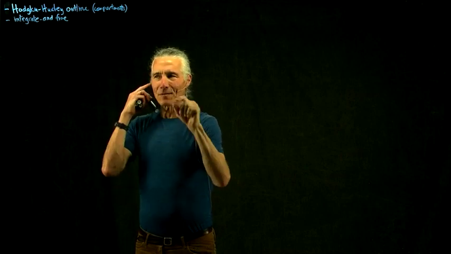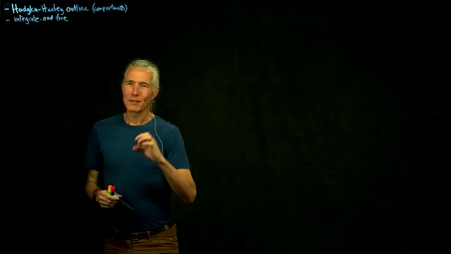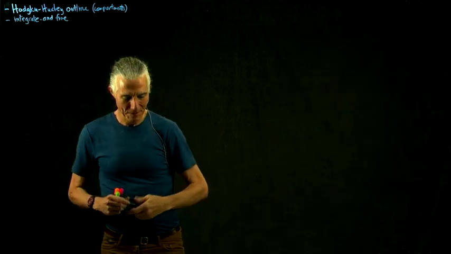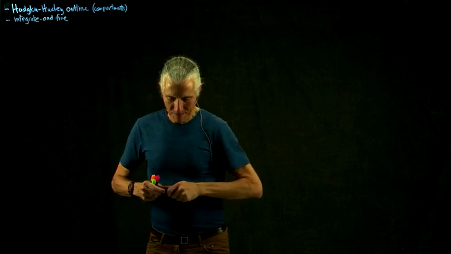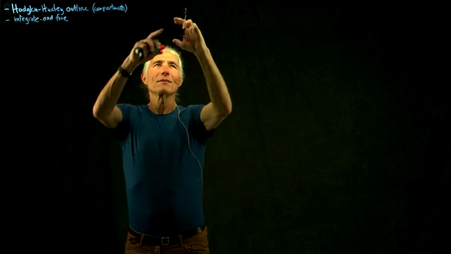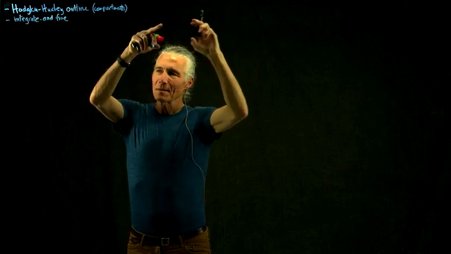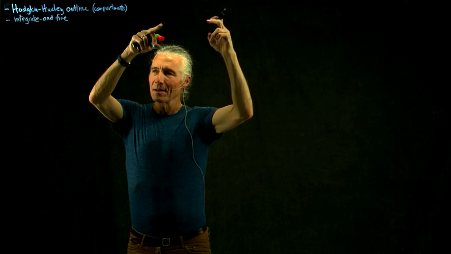First imagine a spherical cow. Just start off with a neuron with just one part, which is good enough to explain some of the dynamics. So what is our neuron? Our neuron consists of some parts that are like a membrane, and then some return circuit.